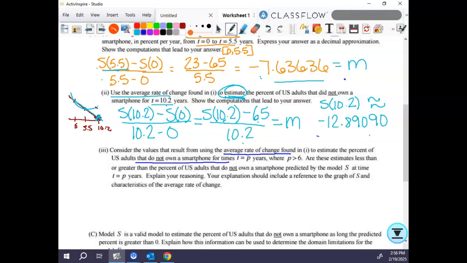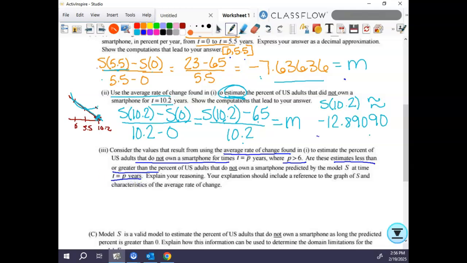Consider the values that result from using that for T equals P, where P is greater than 6. So remember, we got this going from 0 to 5.5. So when P is greater than 6, are these estimates less than or greater than the percent of US adults that don't own a smartphone at time T equals P years?